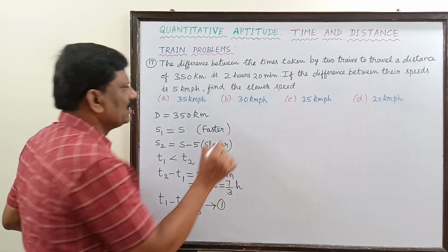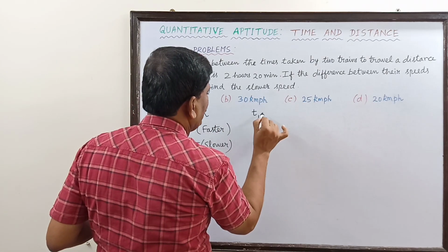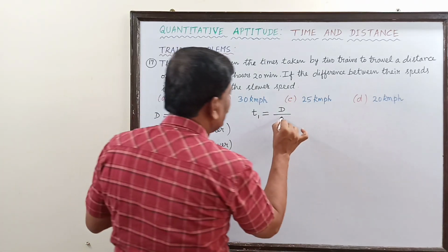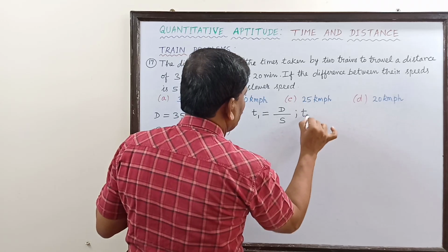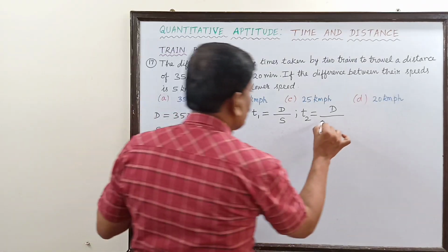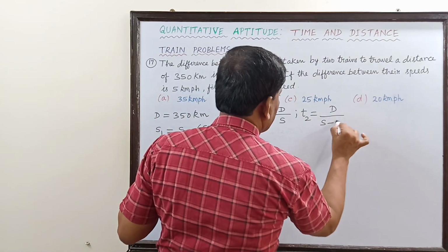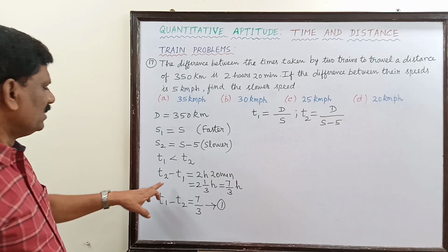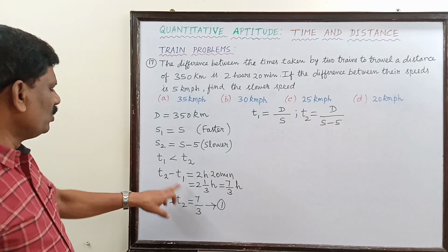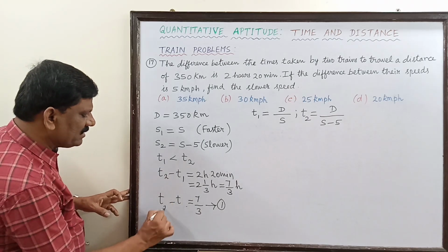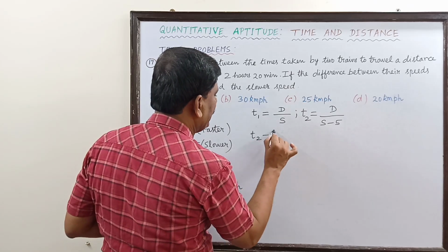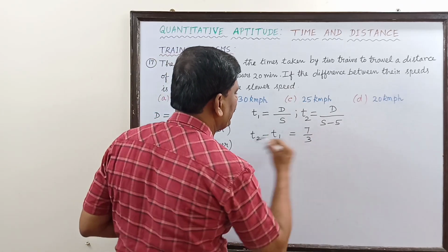Now the time taken by the first train, T1, is equal to the distance travelled divided by its speed s, and the time taken by the second train, T2, is equal to the distance divided by its speed, s minus 5. Now T2 is greater and T1 is lesser, so T2 minus T1, greater time minus lesser time, is equal to 7 by 3.